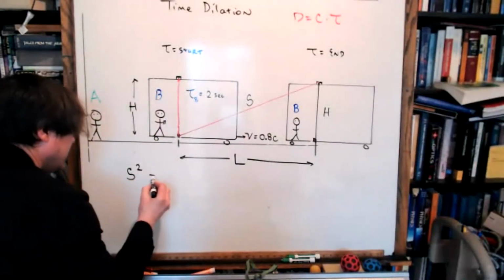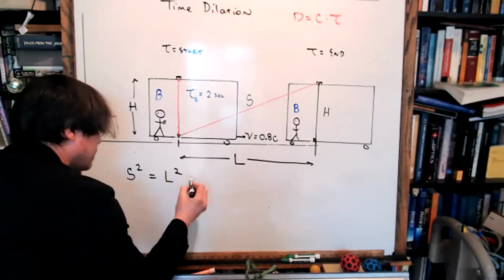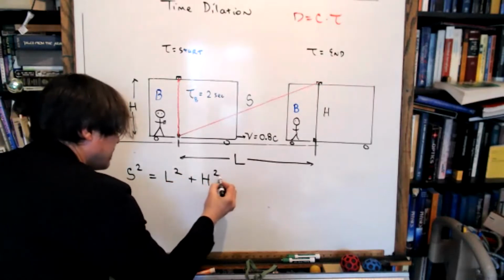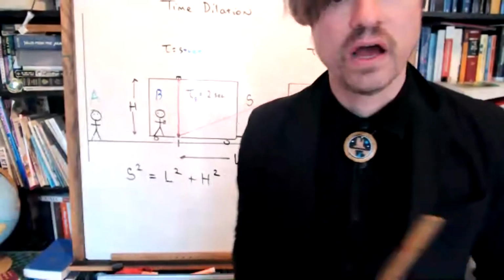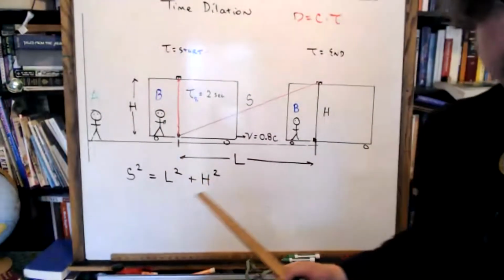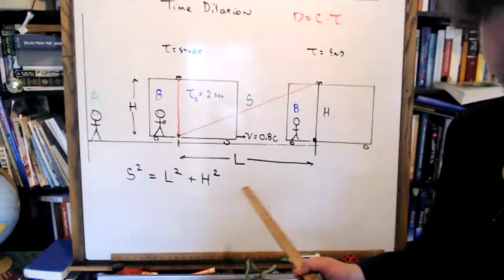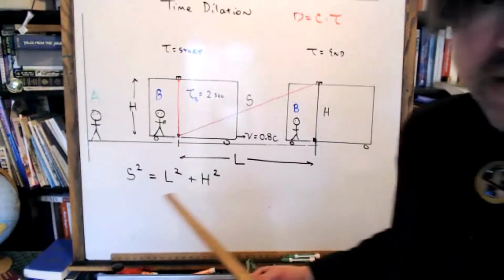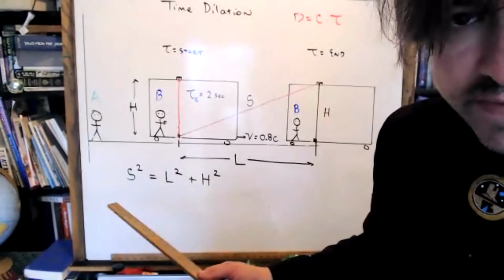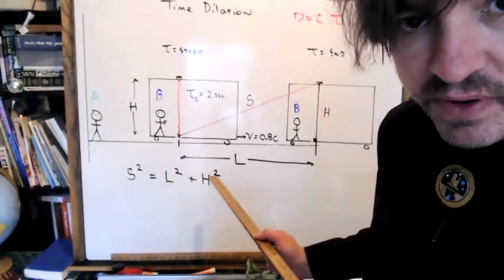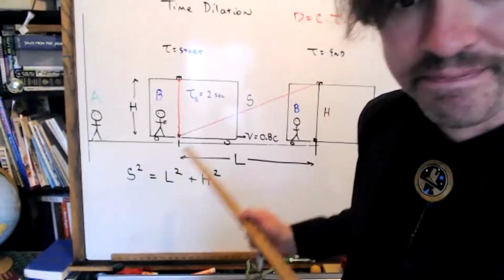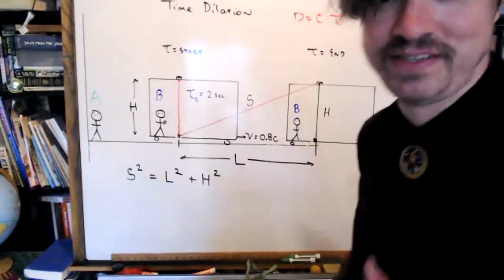S squared equals L squared plus H squared. Are y'all comfortable with that? Did that make good sense? All right. By the way, if you don't care, that's fine. But if you do, feel free to stop me if you get lost at any point, and I should be able to get you back on track, shall we say.